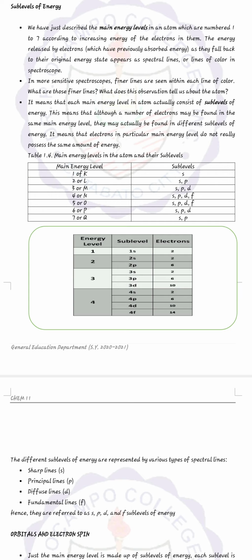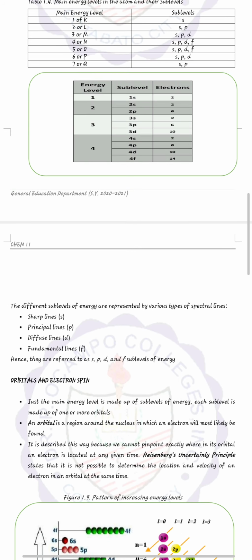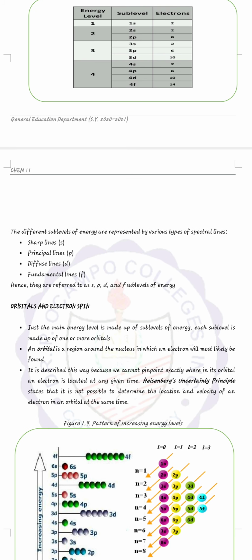So what are these sublevels, or the definition of the acronyms of the sublevels? These are the different sublevels of energy. They are represented as S for sharp lines, P for principal lines, D for diffuse lines, and F for fundamental lines.